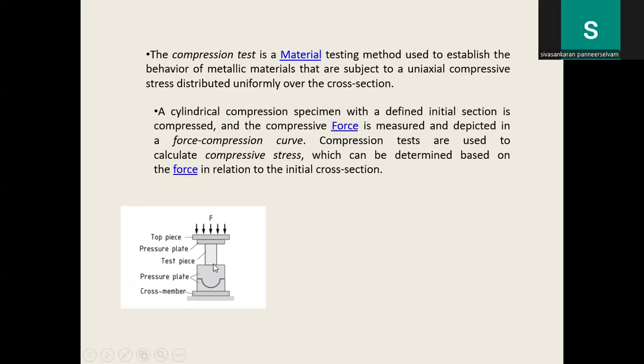So the deformation of the test sample will undergo very safely without causing any buckling effect. Normally the shapes of specimen commonly used for the compression test are cube as well as cylindrical specimens.